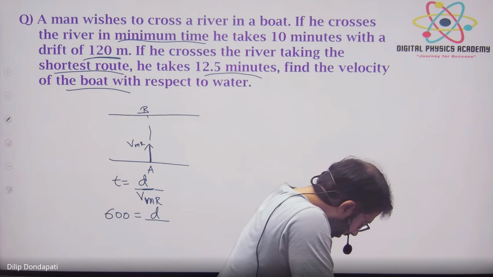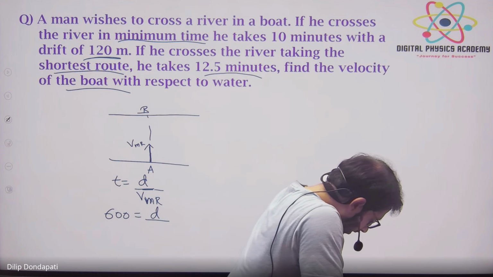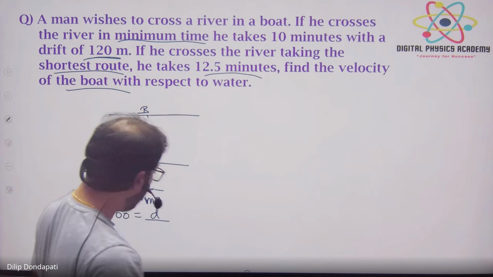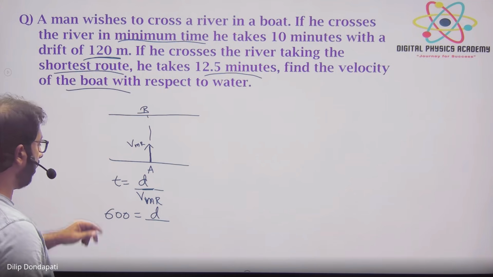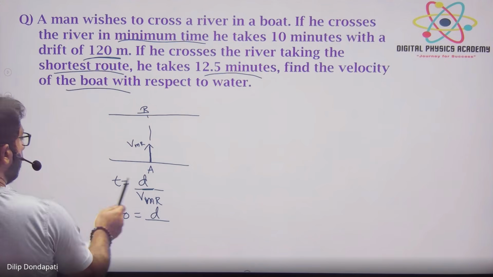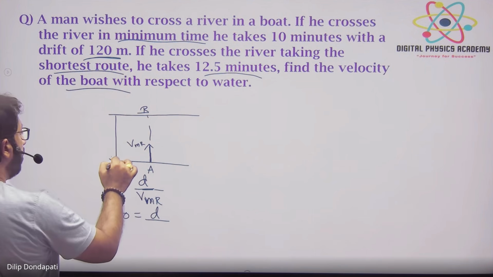Final answer, huh? Sir, 20, yeah. Yes, 20 is answer. Sir, in drift formula, what is D? In drift formula, D is nothing but distance. Yeah, I'm talking about the width of the river. This is the width of the river. ये width को D बोलते हैं.